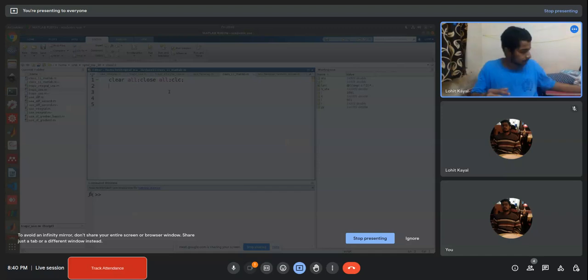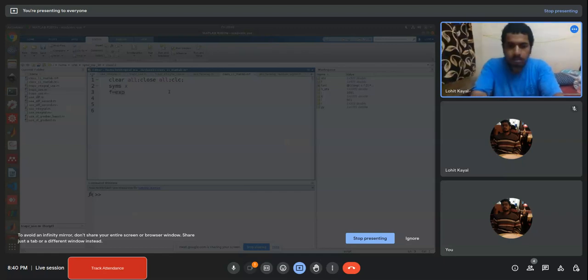The function was, first I need to define a symbolic x, then f equal to exp of pi times x cube times sine of x cube plus 4 times cos of x, with limits minus 5 pi to 5 pi.